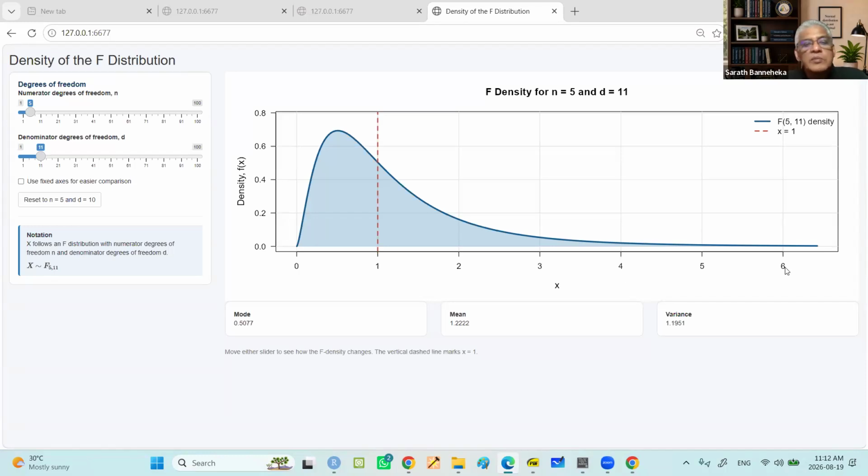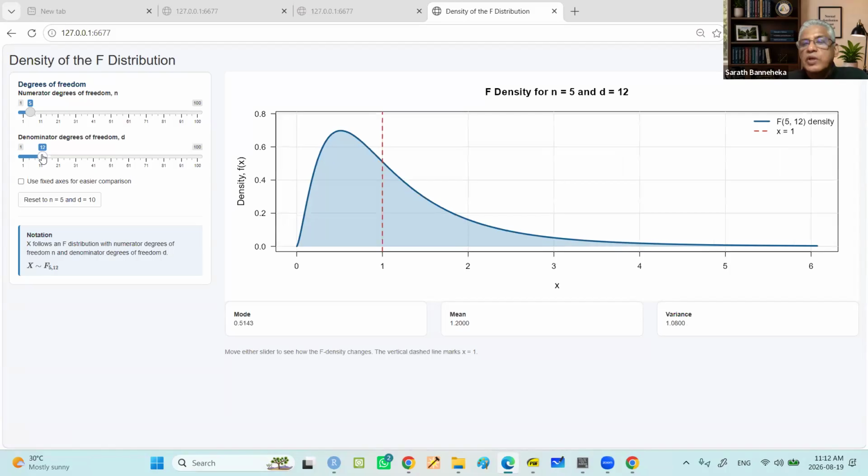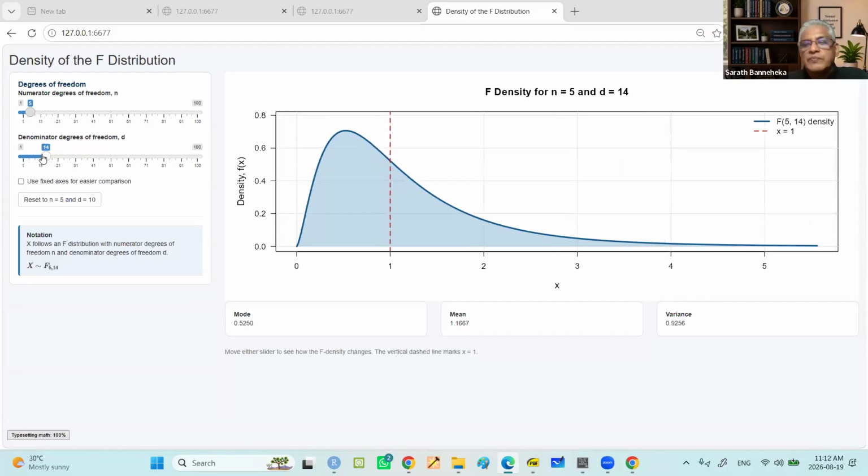So let's keep track of this. At the moment I have 6 as the maximum value of the x-axis. Let's increase this. You can see 6 has moved to that side, so the distribution is moving to the left.